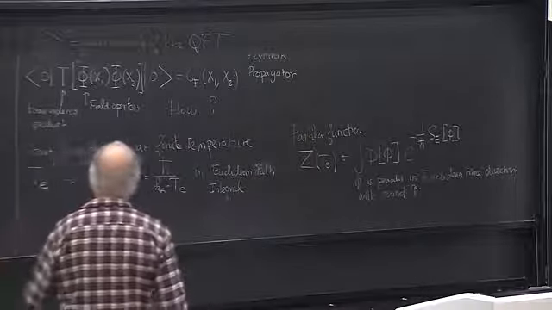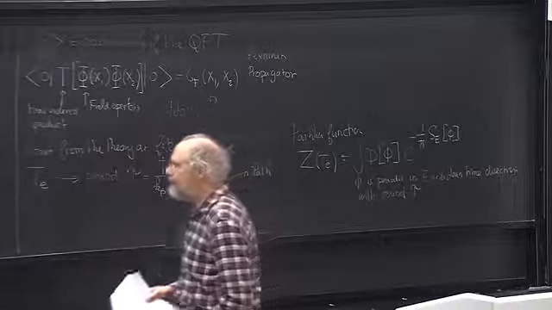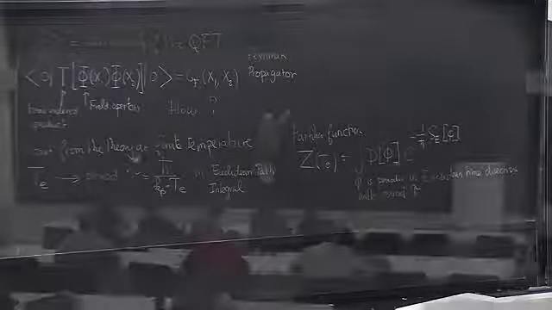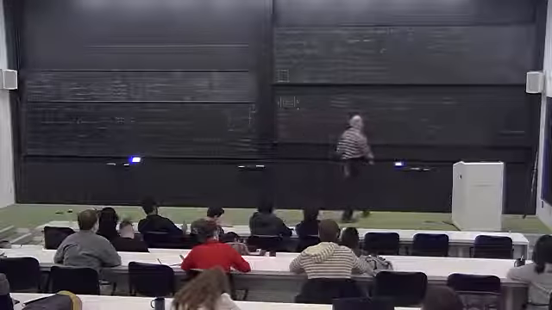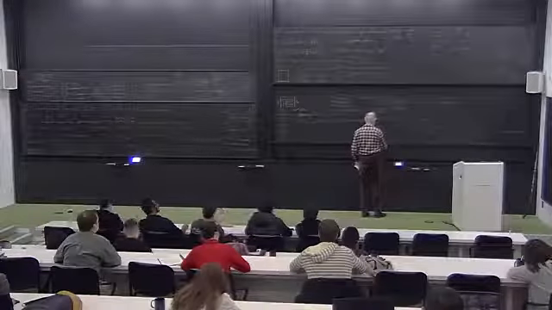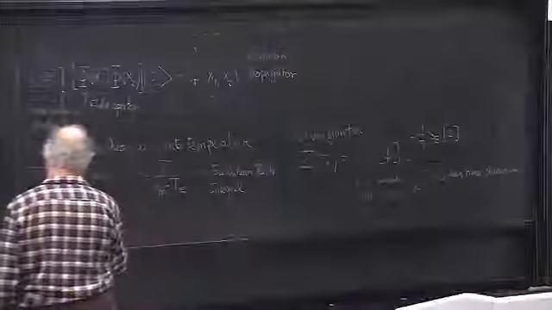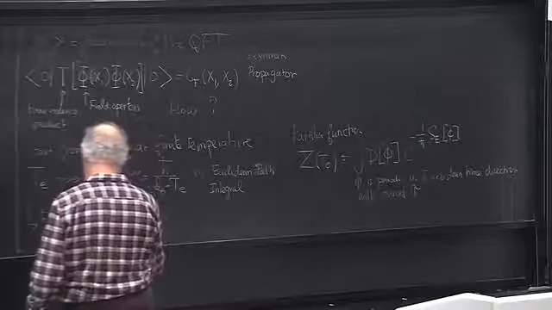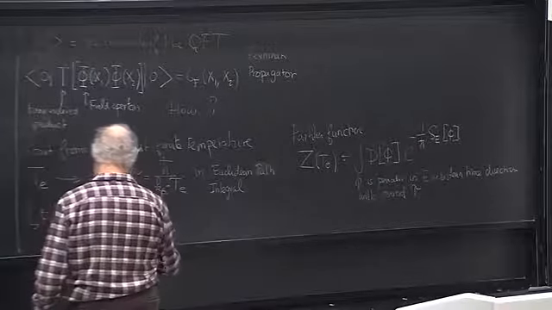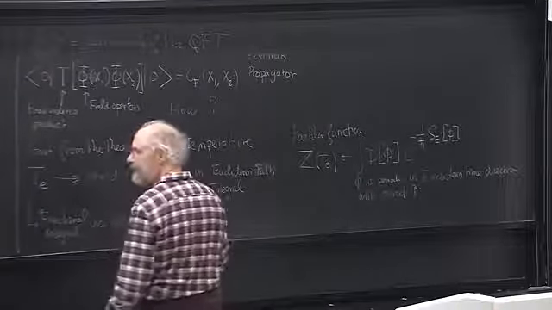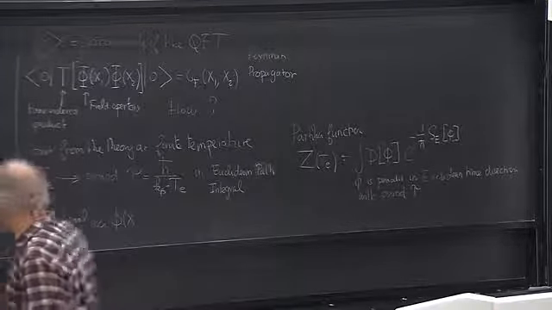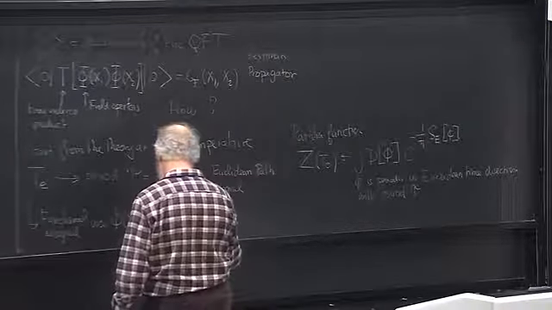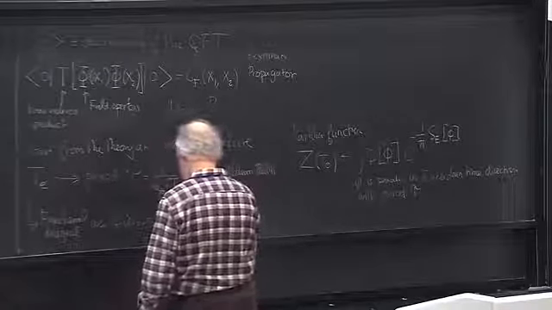It means that in order to compute objects like that, we have to consider a functional integral of a field phi of x, well, Euclidean phi, so it's phi of Euclidean coordinates. So this is phi of tau and, let's say, sigma and x.